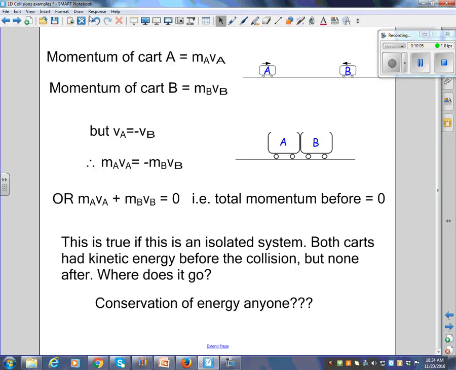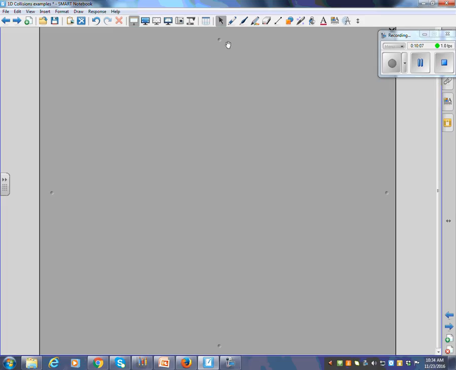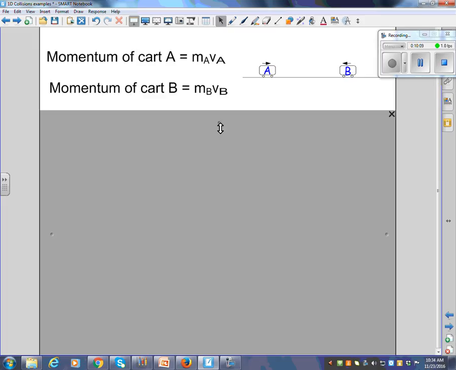Okay, so let's do some math with this. Do you have that picture? No, you have a different picture. Okay. So you're still on the front page, so you can just draw that picture.